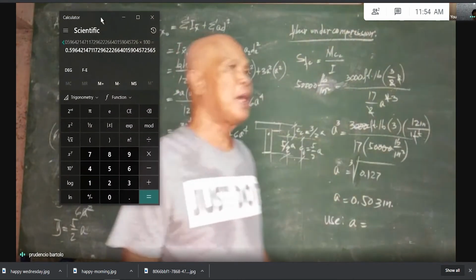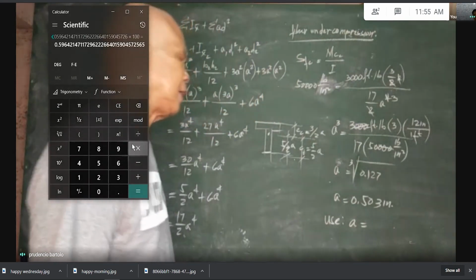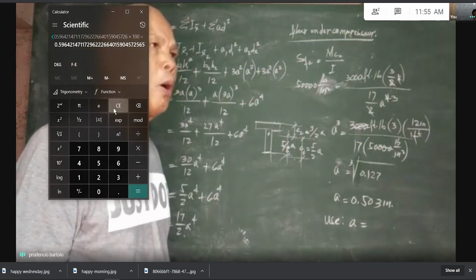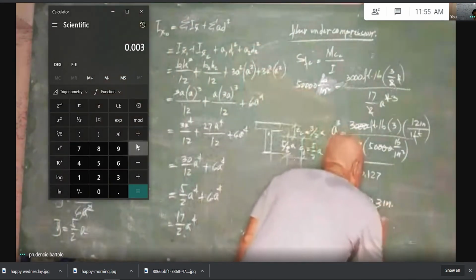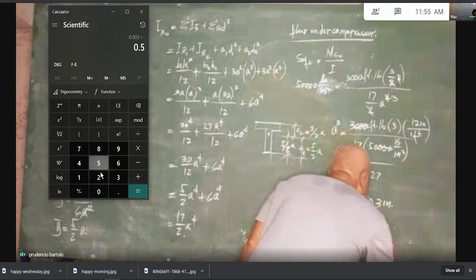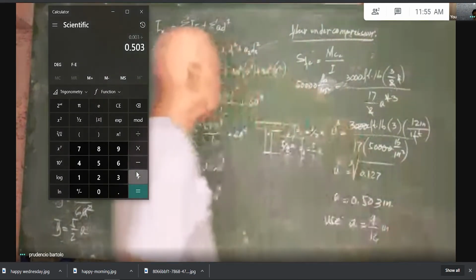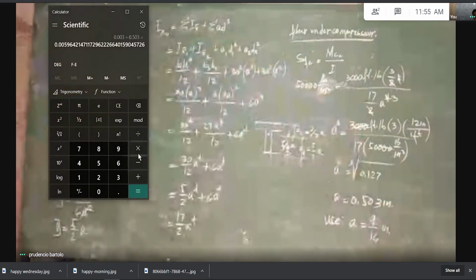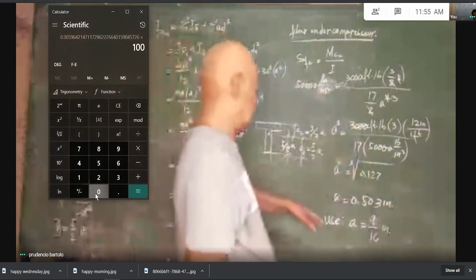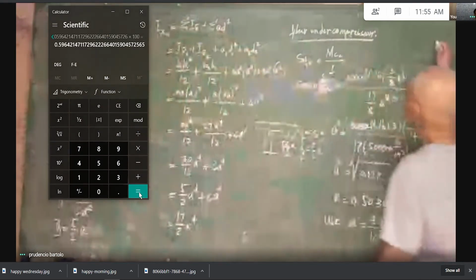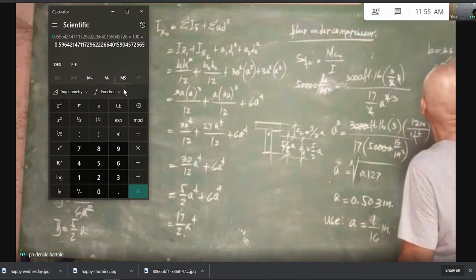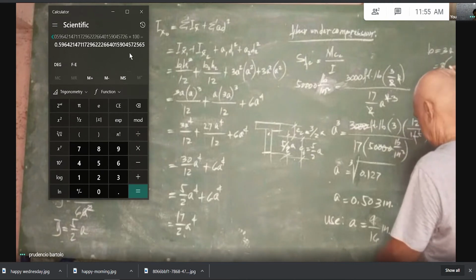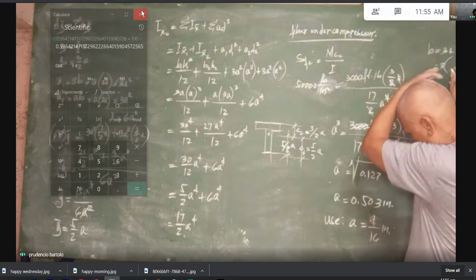So we now use 9/16, 9/16 upon 8. For P is equal to 3A, which is equal to 3 by 9/16.